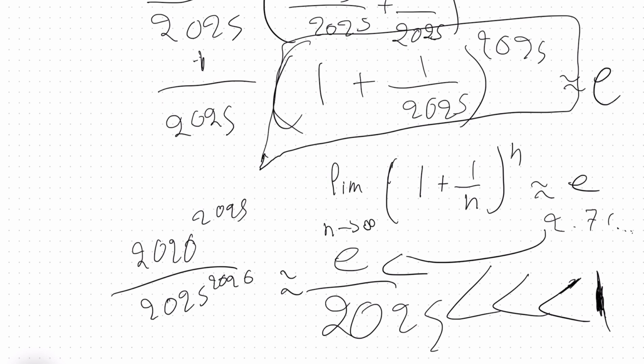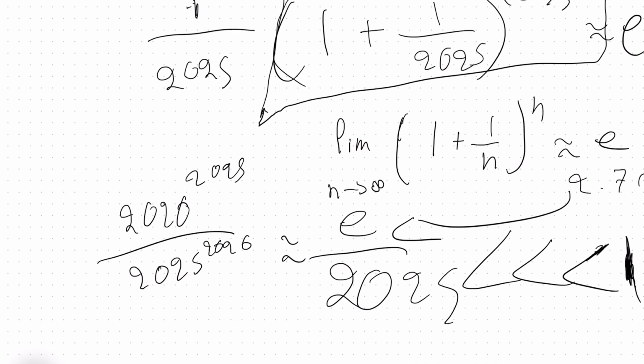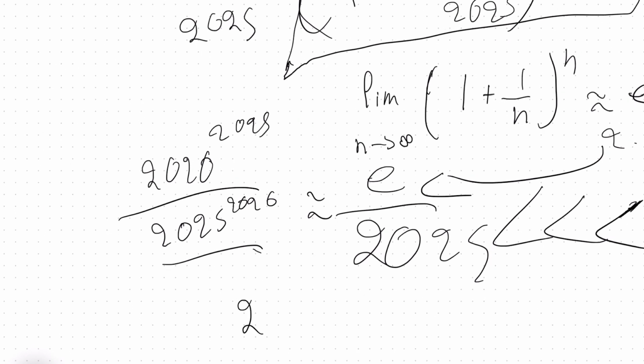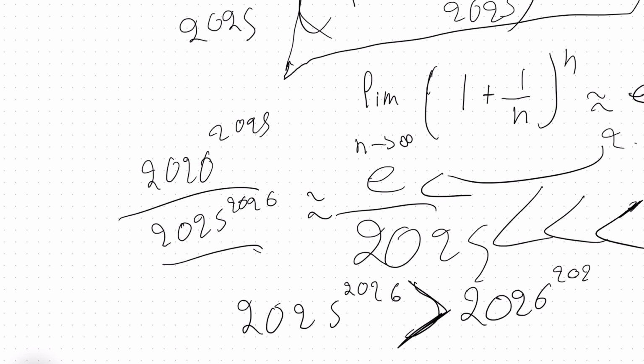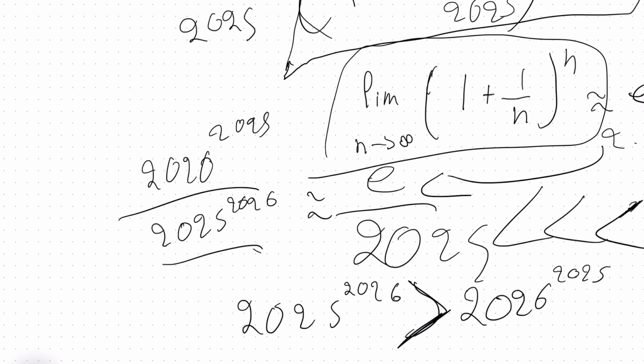This tells me that 2025 to the power of 2026 is larger than 2026 to the power of 2025. And this is how you can figure out this problem. Usually these types of problems always end up linking to this limit right here.